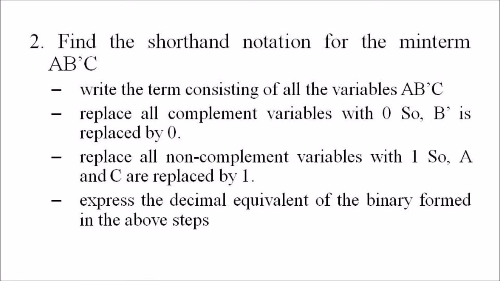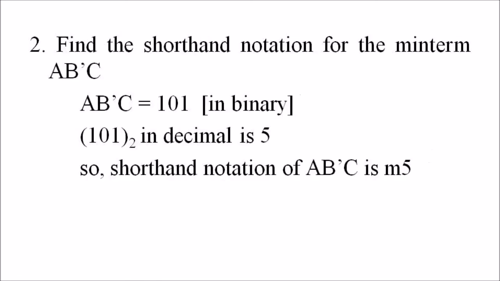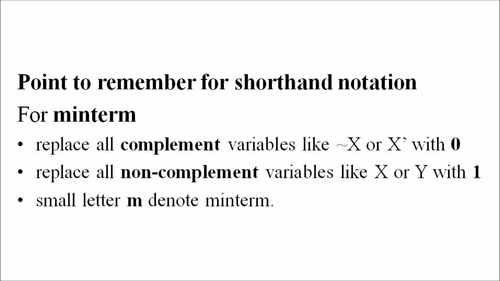So a dot b dash dot c is equivalent to 1 0 1 in binary representation. The binary 1 0 1 is the decimal number 5. Therefore, the shorthand notation of a dot b complement dot c is m5. So my dear students, this is how we represent the shorthand notations of minterms.